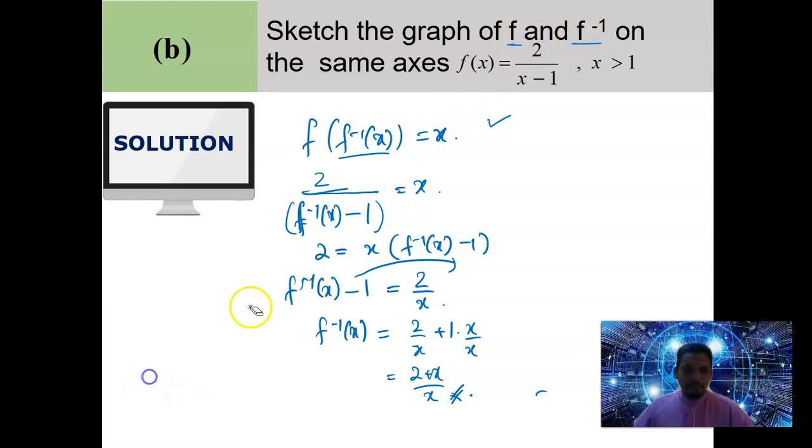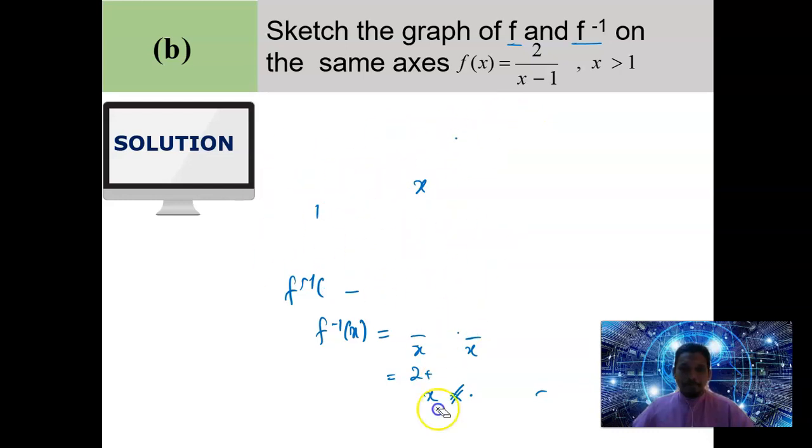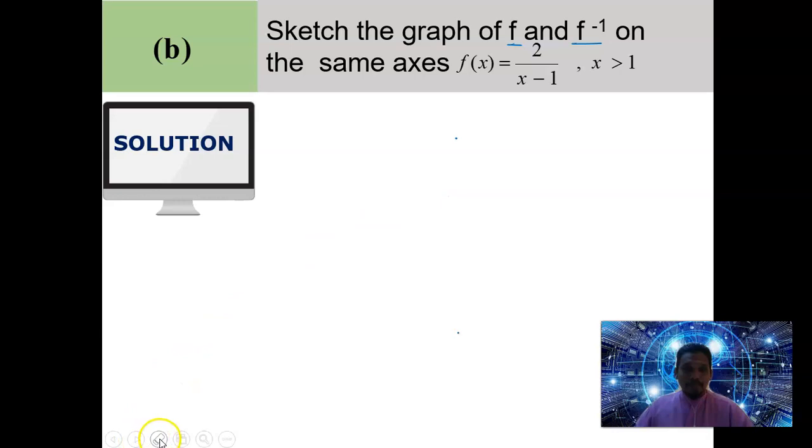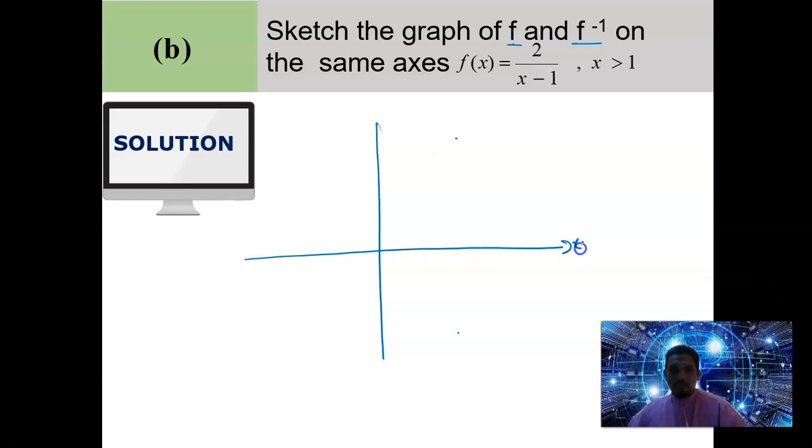Okay, so now, the purple ink represents the line of y equal to x. Y equal to x. Okay, now, class.